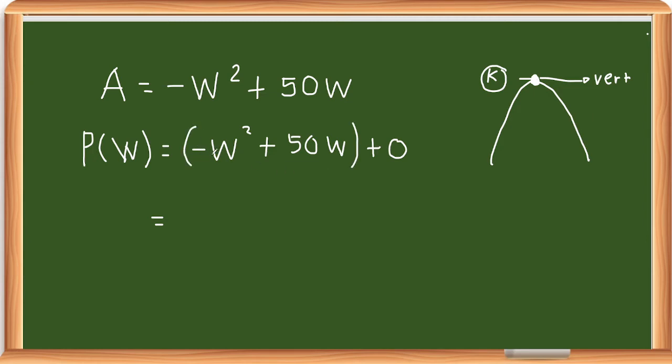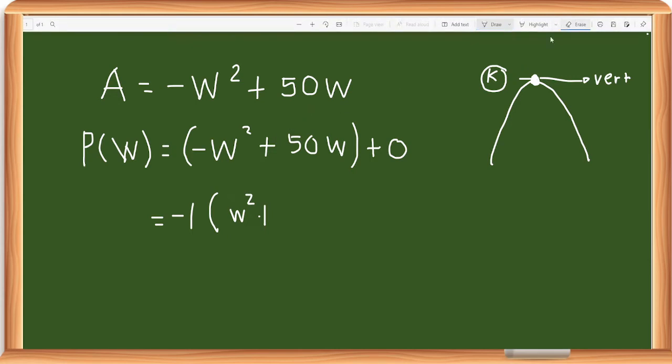And then, we have to factor out yung coefficient ng leading term mo, which is negative W squared. So, yung A niya dito is negative 1. So, we have to factor out negative 1. And then times, syempre, W squared. Magiging negative na to, no? Kasi positive to dito eh. So, magiging negative na to. Magiging minus 50W na to.